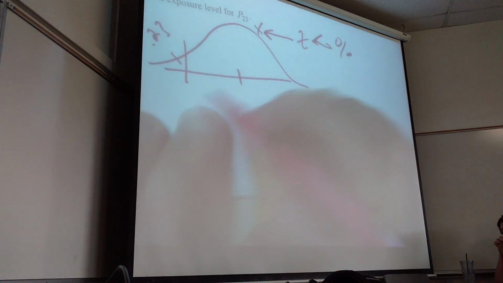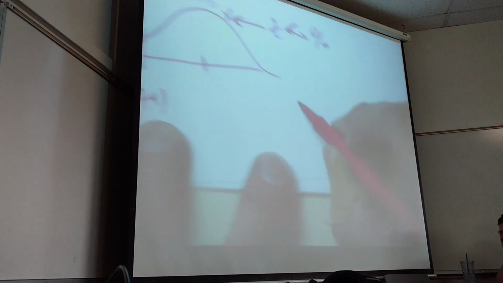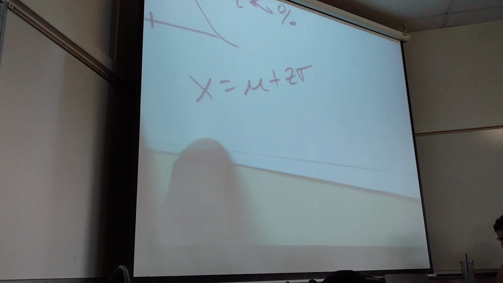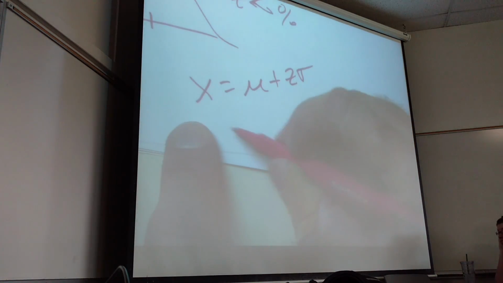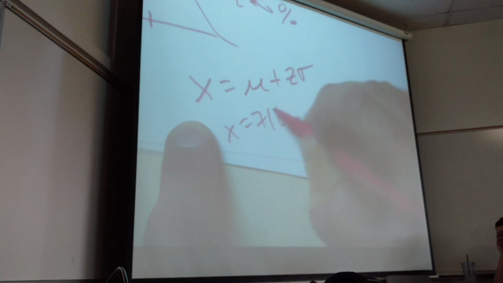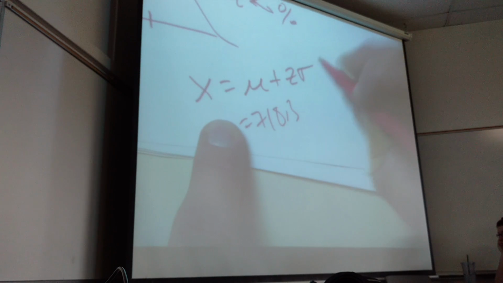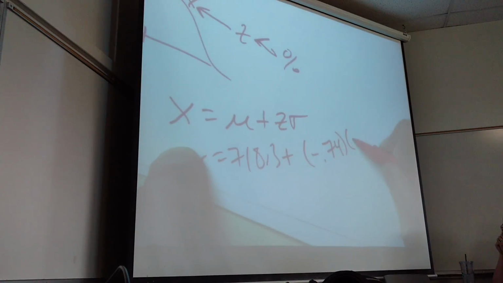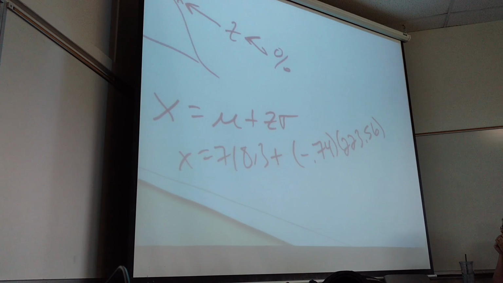Now I can use the formula mu plus z sigma. I can start at the mean and go. Now, if I want to follow the formula directly, it's plus, but then the z-score is negative because I want to go down that many steps, and each step is this big. Plug that in the calculator and you get the 552, whatever.